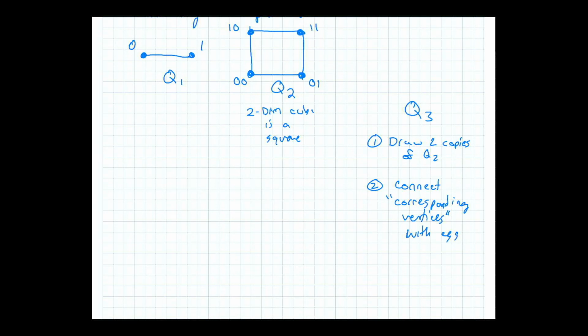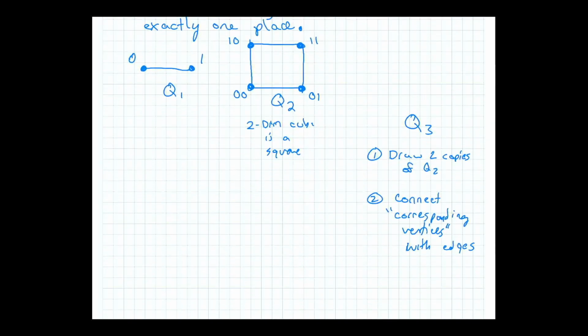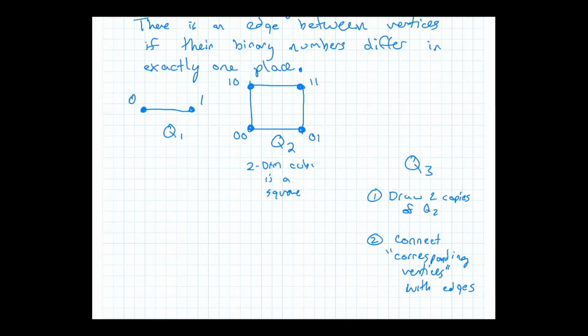And you're able to draw this one still using the pattern that we have talked about, or using the definition, but I'm writing these rules because it'll be easier to draw Q4 this way.